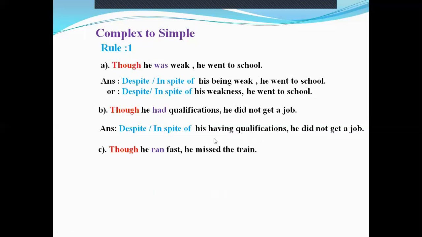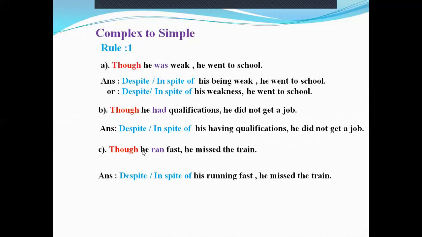Number C. Though he ran fast, he missed the train. If you find though, the subject, then the main verb or principal verb, you will turn the sentence like this. Write despite or in spite of instead of though, then the possessive form of the subject.